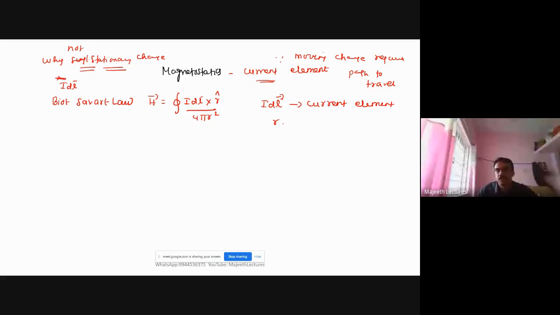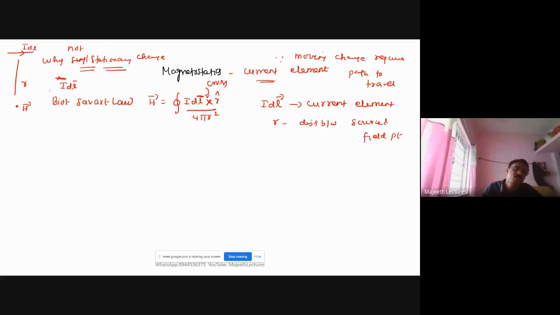R is the distance between the current element and the field point, that is, between the source and the field point. Suppose your current element lies here, this is I dl. It is not that big, it is very small. I want to find the magnetic field at this point, so this distance is R. So H is equal to I dl cross R, not a multiplication but a cross product between two vectors, divided by 4 pi R square.